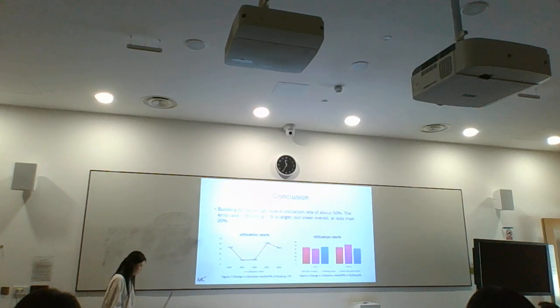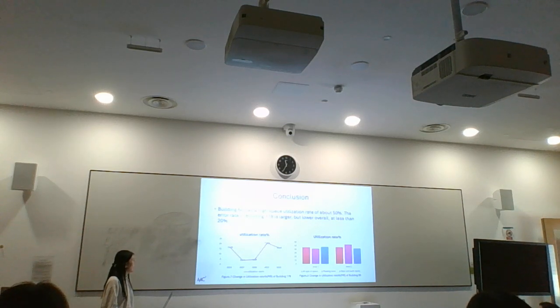And in the conclusions, for building 178, you can see the utilization rate has very big differences, and 4023 is higher than 20%, but all 5 meeting rooms' utilization rates are very low.